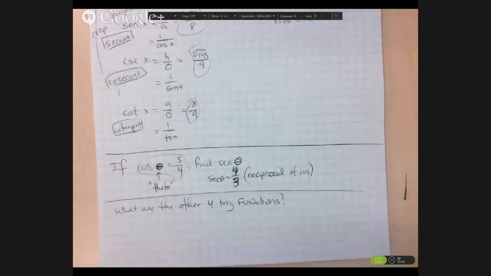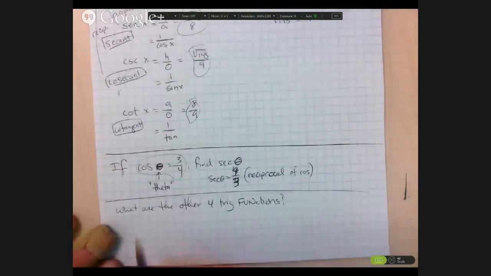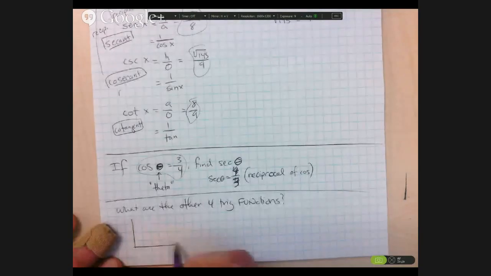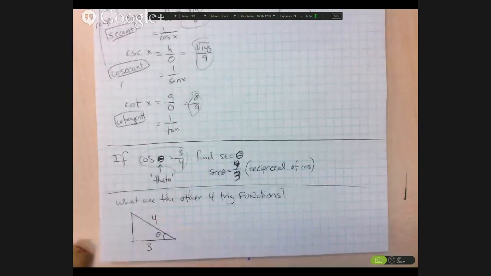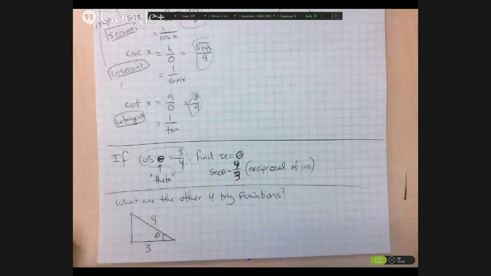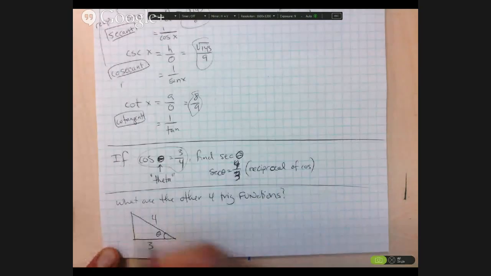Okay, how are we going to do it? If that's theta, we have adjacent over hypotenuse, right? Pythagorean theorem gives us opposite.